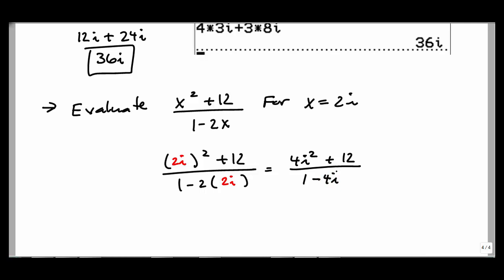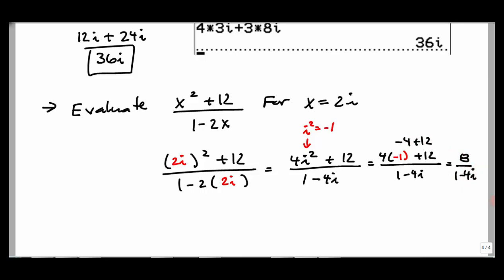We're going to end up having to multiply by the conjugate here, but before we worry about that, this i squared is equal to a -1. So I have 4 times -1 plus 12 all over 1 minus 4i. So -4 plus 12 is 8 over 1 minus 4i.